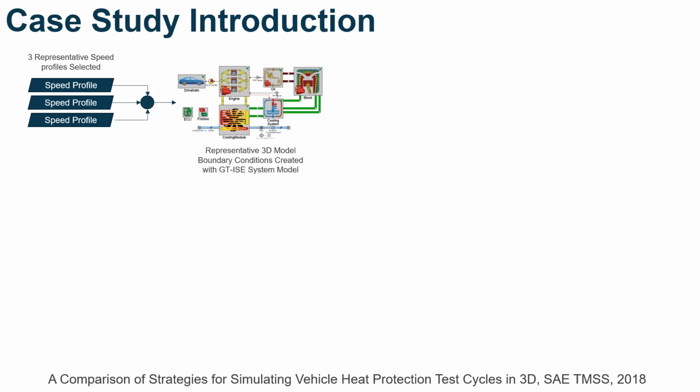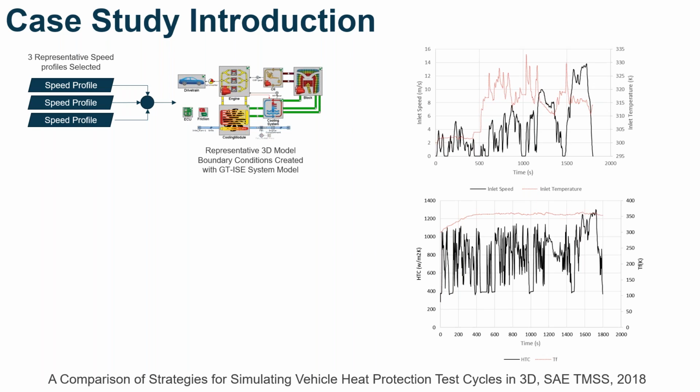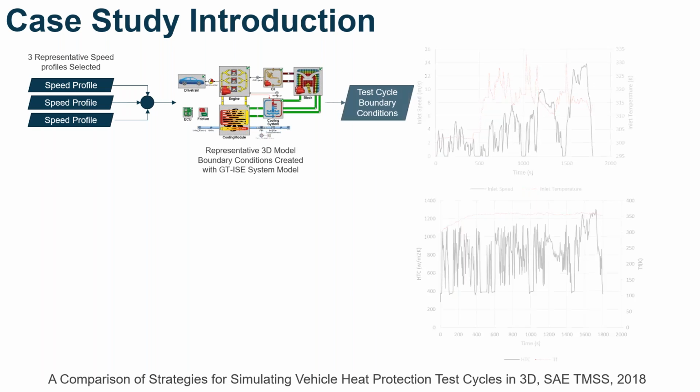What was done is those 3 speed profiles were fed into a GT3's system model in order to create representative 3D boundary conditions. These boundary conditions are things like the inlet speed and inlet air temperatures after the fan zone, and then internal convection for the engine bay or components on the interior.